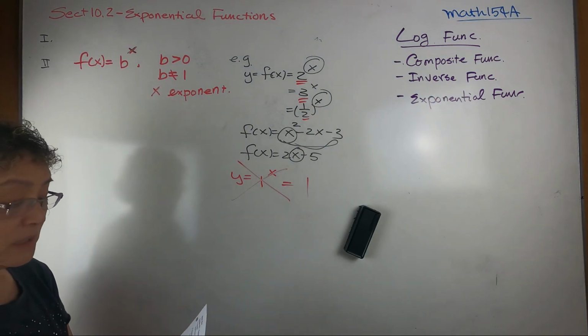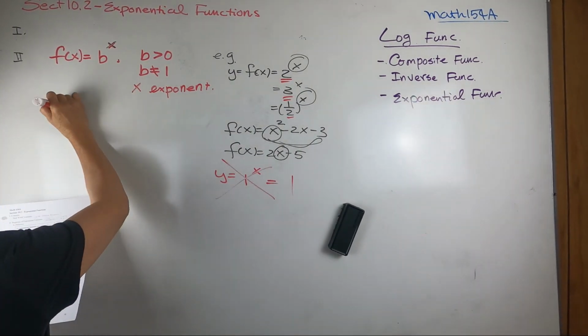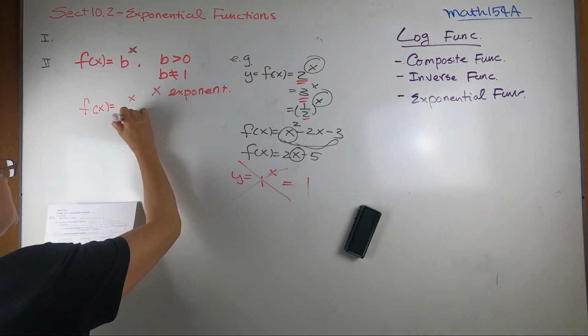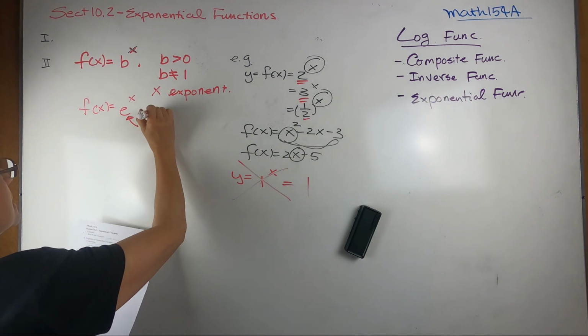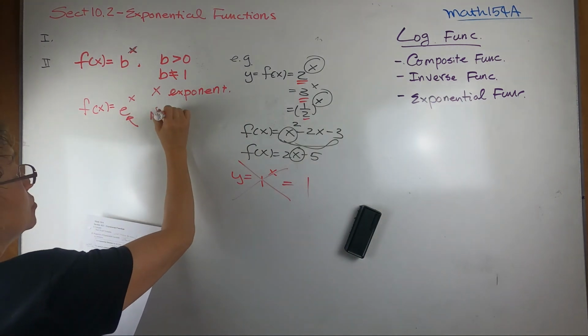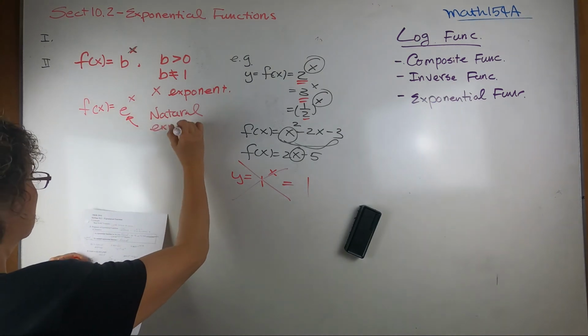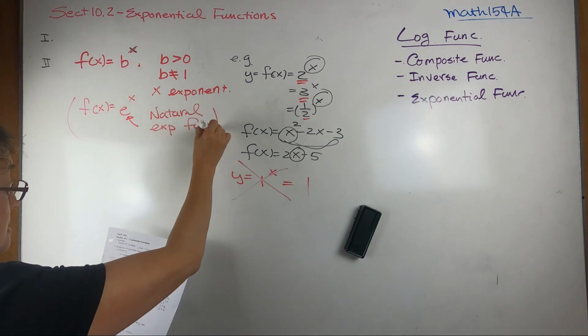Okay? Then another one, f of x equals e to the x. It's a special e we are going to talk about later. This one is base e. We call it the natural exponential function. Okay, let's talk about this later.